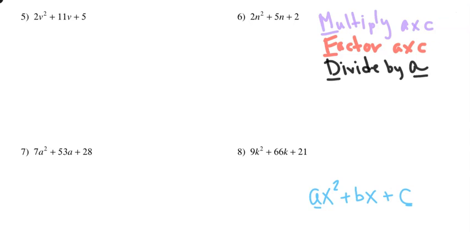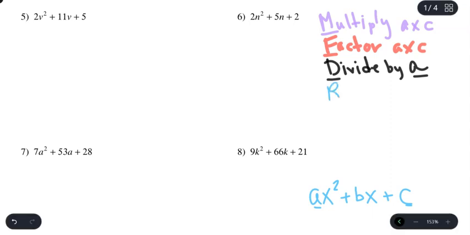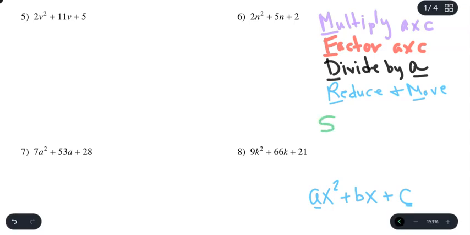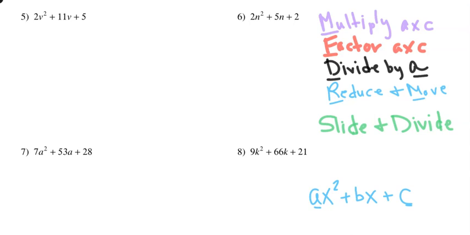And so we're looking for MFDARM, so we're looking for an R and an M. The next one is reduce, and move. So that's where MFDARM comes from. This also is called slide and divide. Again, this is just an alternative to grouping and an alternative to the AC method.